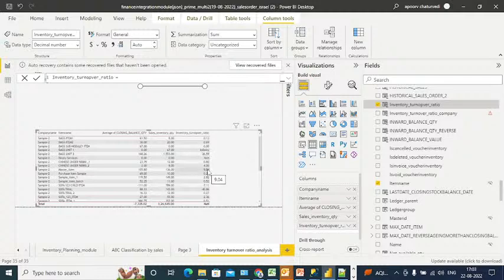This is okay, but anything below 0.8, below 0.2 is a problem. Right, so this is inventory turnover ratio analysis. Right, so anything below 2 is a problem.